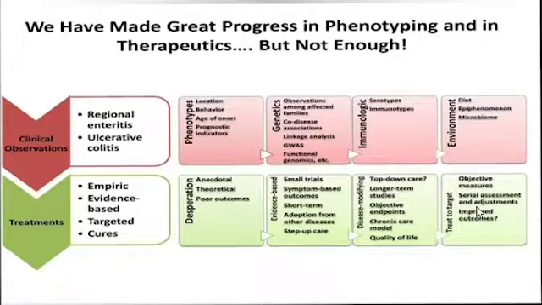We initially did a step-up approach, then a step-down approach. We looked at the quality of care, and now we are looking at a treat-to-target strategy, and this is a new thing we are starting to do.